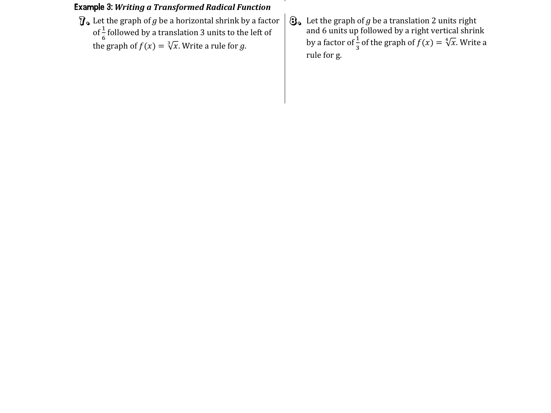Let the graph of G be the horizontal shrink by a scale factor of 1/6. So that means inside the function, I'm going to have 6x. So G of x equals f of 6x, followed by, those are key important words here, a translation 3 units to the left. I'm supposed to have my translations listed first when I'm talking about things happening horizontally.